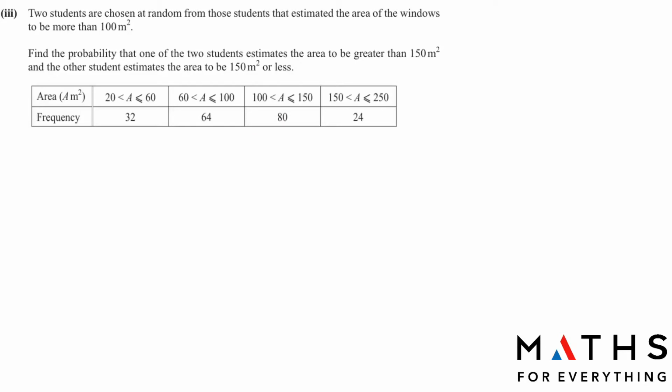First, let's see the total number of students we are talking about. We have to look only at these two columns, 80 plus 24, 104. That's our frequency.